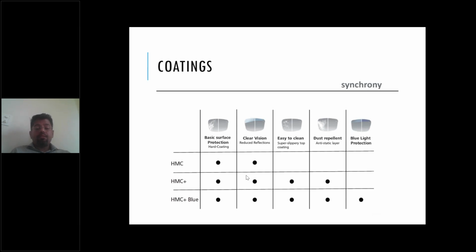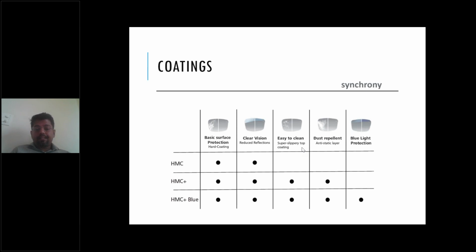It's not only that we have an ARC, it's more than the ARC now. We are concerned not only with reflection, but also with the super slippery coating in the lenses. Why has this top coating been given? That's to increase the shelf life of the lenses. When there is a super slippery top coat, water will not stay. It will be completely water repellent, dust repellent, or oil repellent.